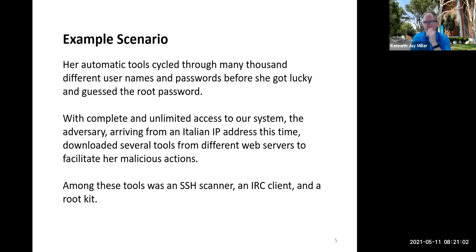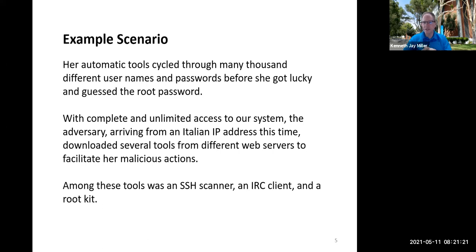So if whatever happens between you and the VPN gets captured somehow, someone sniffs it and gets a packet of it, they're not going to be able to do anything with it. Okay. So with her tools, she had an SSH scanner.